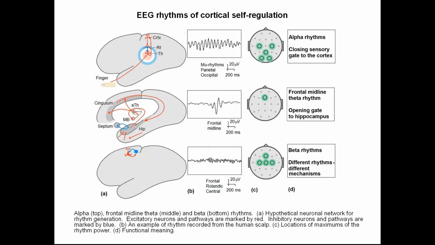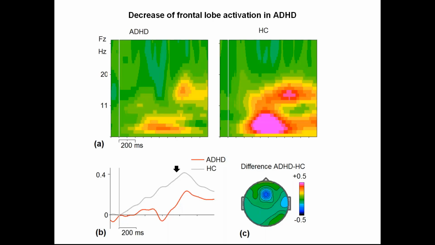So the self-regulation of the primary sensory region, self-regulation of the hippocampal circuit, local self-regulation of the cortex.